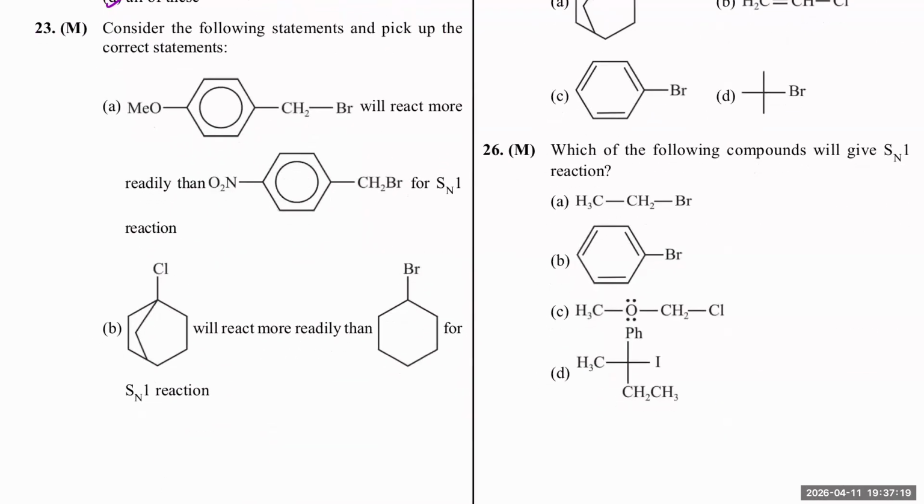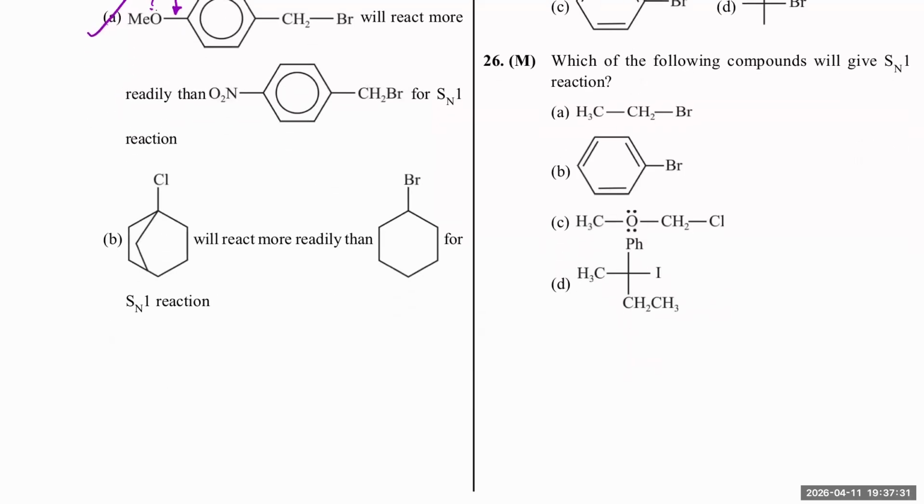Let's see the 23rd one. This one will react more than this one in SN2 because that is true, as the lone pair will support carbocation, which will be more stable compared to the second one. So A is correct. This one is more reactive. This is untrue because the carbocation on the bridge position is highly unstable. So this is wrong.